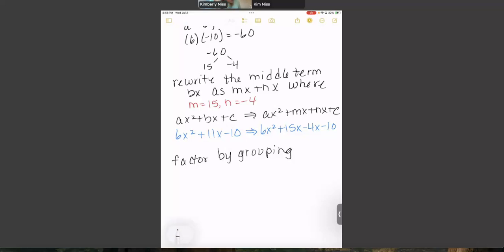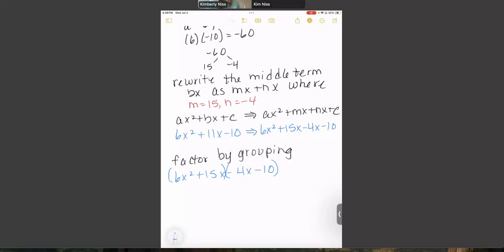So in our case, we have 6x squared plus 15x minus 4x minus 10, and we're going to group the first two terms together, and we're going to group the second two terms together, and that is the method of factoring by grouping. And then from here, we're going to factor out the greatest common factor from each group.